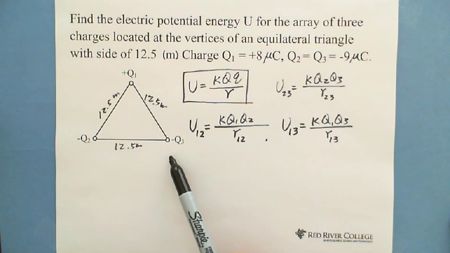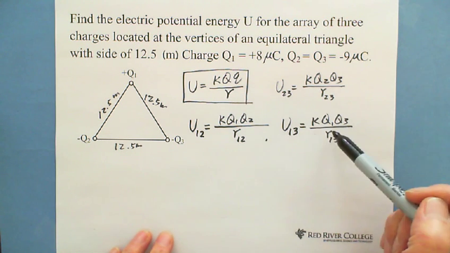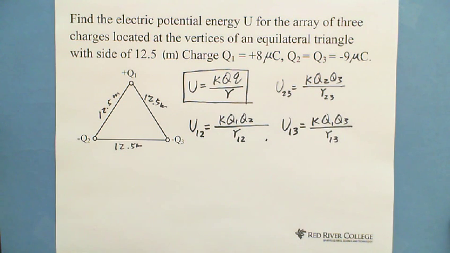So what is the total electric potential energy with these three charges fixed this way? We calculate each of them. Before calculating, we need to be careful: electric potential energy is a scalar, so it has no direction, only magnitude.